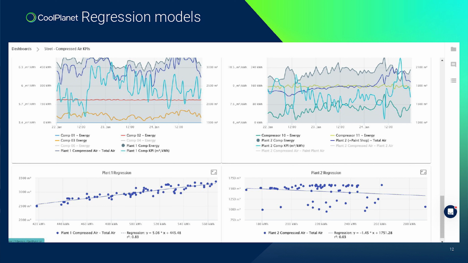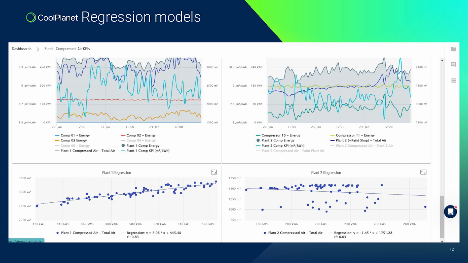A lot of you people that are watching today may already be familiar with the idea of regression modelling, where we take multiple variables, put them into a calculation, and then we can understand, we know what the weather's going to be like tomorrow. We know what our certain operating parameters are going to be, and within that we can predict what our energy usage is.